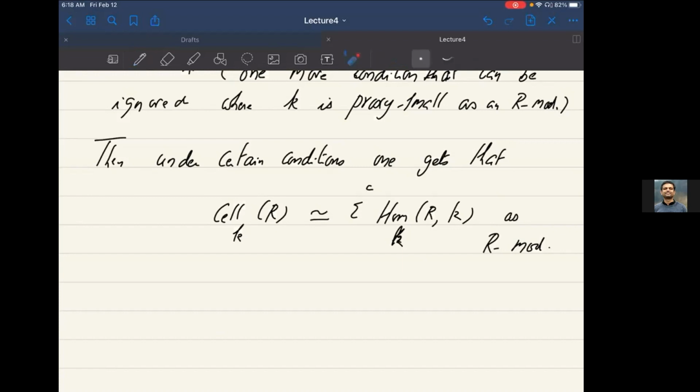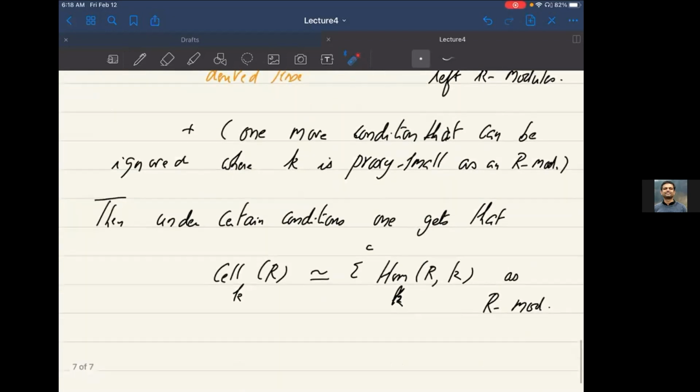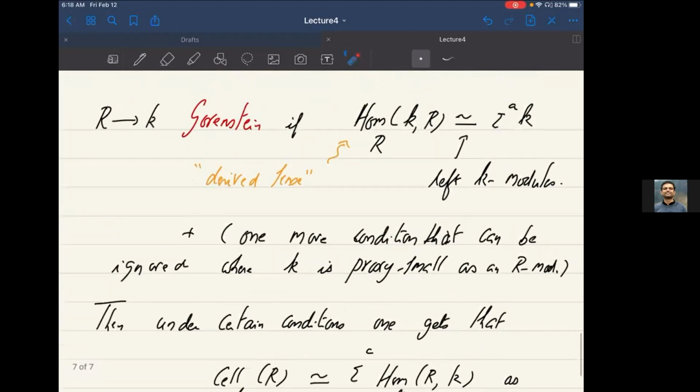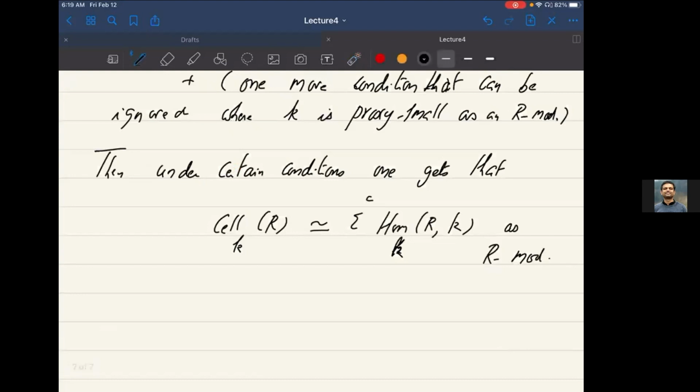This is still an R module, and it still has the property that when you look at maps from K to this, you get a copy of K. This also presumes, implicitly, that this is K-cellular, whatever conditions I impose that make this K-cellular.